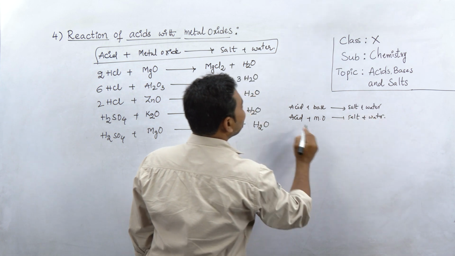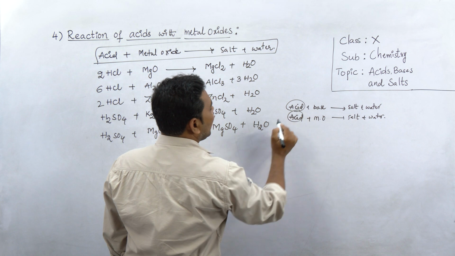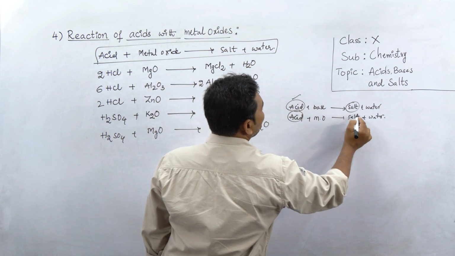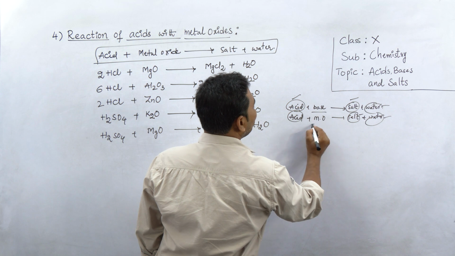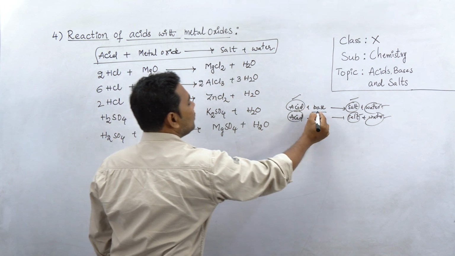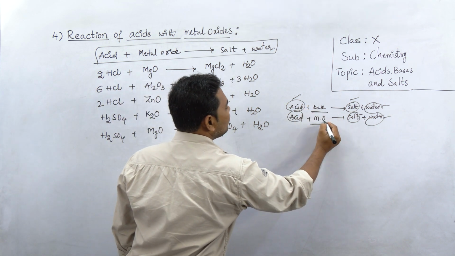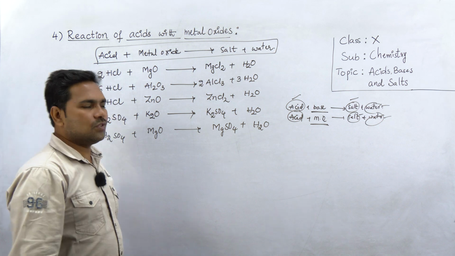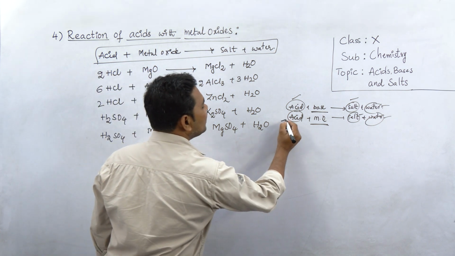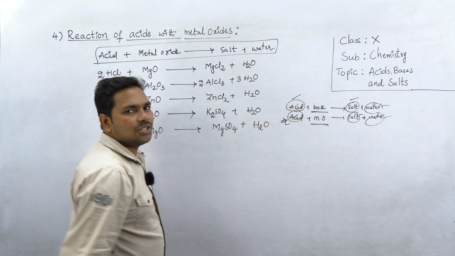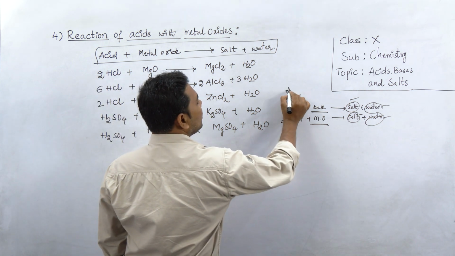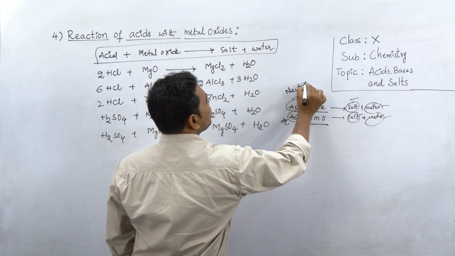Right? Products are the same. One of the reactants, the acid, is the same. This salt is the same. Water is the same. What is different is that in neutralization we use a base, but in this reaction we use a metal oxide. The actual thing is the second reaction is also called a neutralization reaction. These two are neutralization reactions.